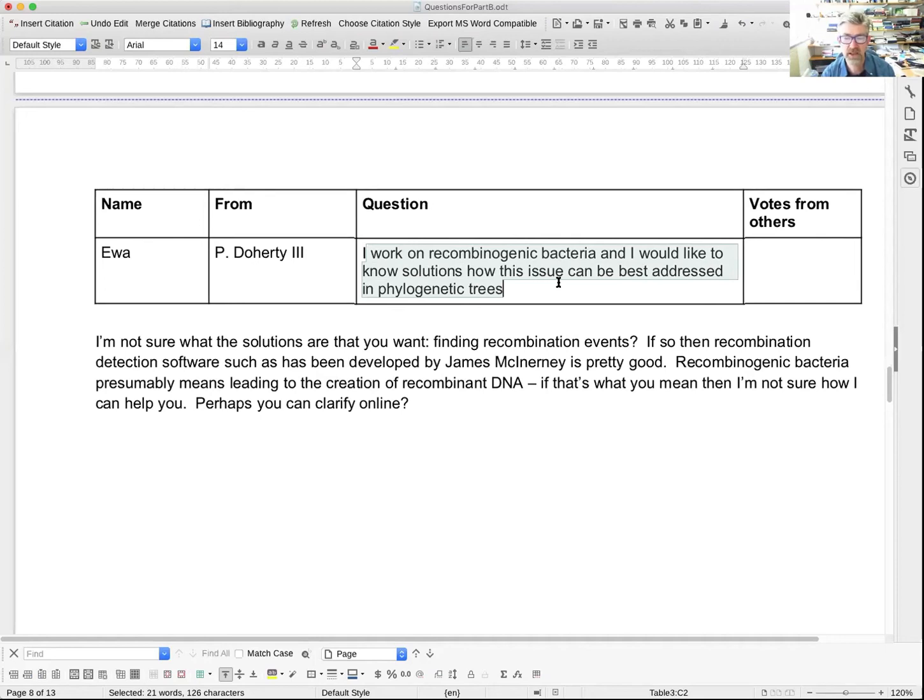It's designed for that. He's been working on it for years. So it's a well-solved problem, I think. If you mean recombinogenic bacteria producing recombinant DNA, I'm not sure what that has to do with this. So if you have perhaps a clarification that you can put in now, that would be great. And if not, then I think we'll have to leave that because I'm not sure what you're getting at there.